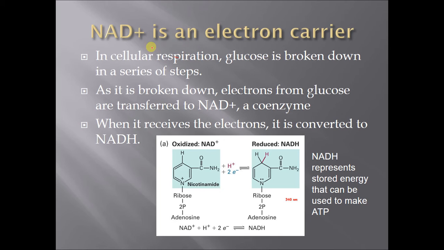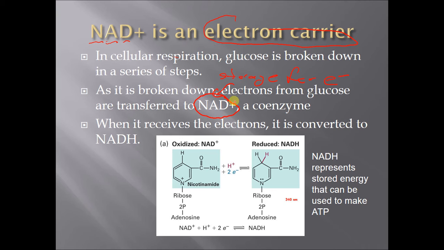NAD+, or nicotinamide adenine dinucleotide, is an electron carrier. When glucose is broken down in a number of steps, the electrons from glucose are transferred to nicotinamide adenine dinucleotide as a storehouse for electrons.